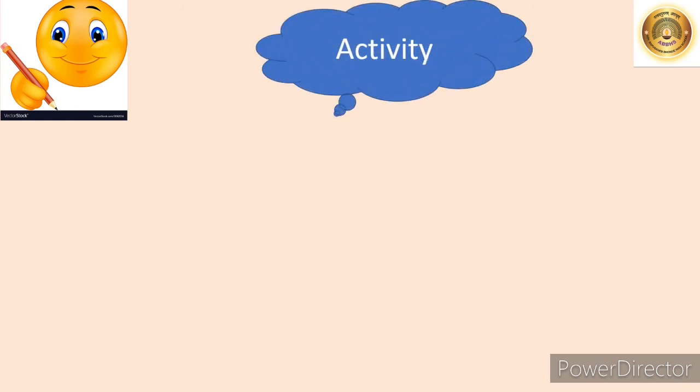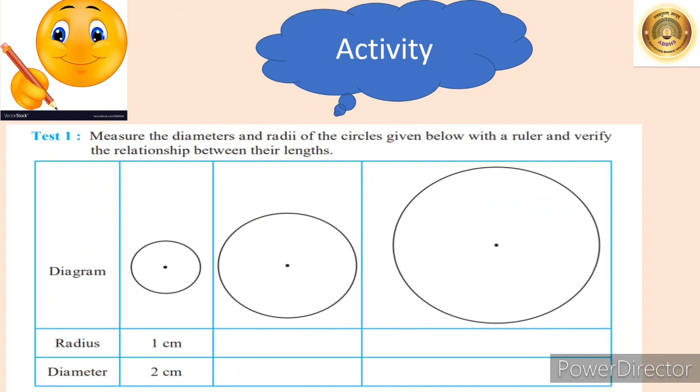Now, it's your activity time. Test 1. Measure the diameters and radii of the circles given below with a ruler and verify the relationship between their lengths. Diagram 1.